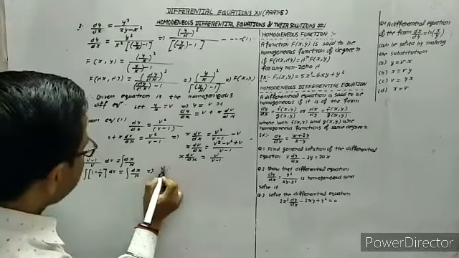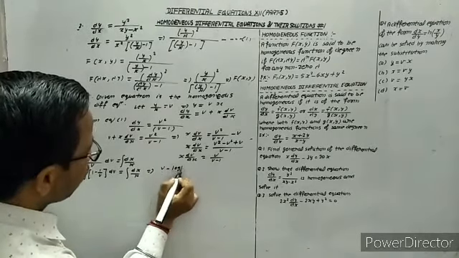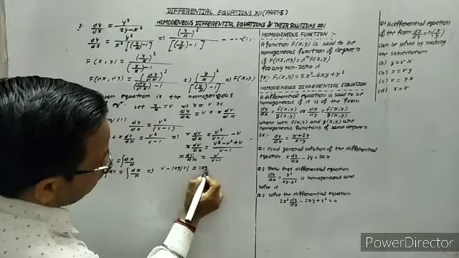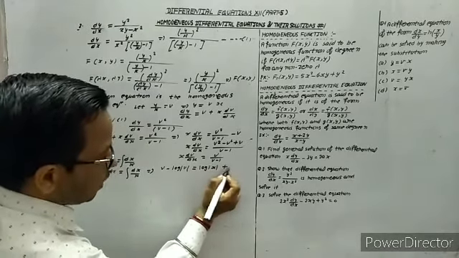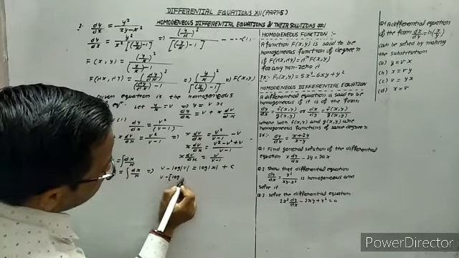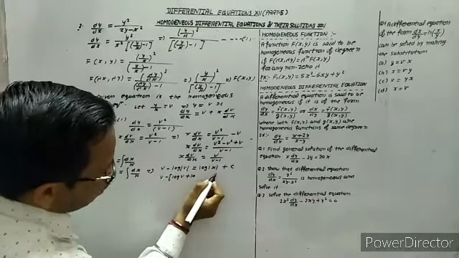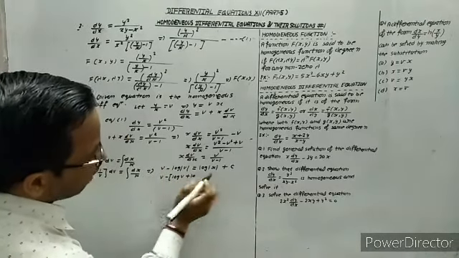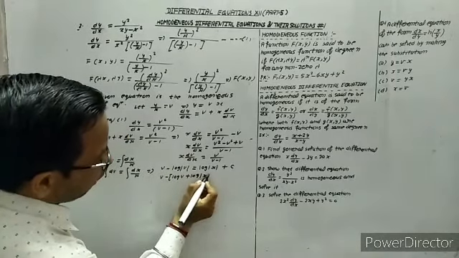Integration of 1 is v, integration of 1/v is log v, and integration of dx by x is log x, plus c. It means v minus log v is equal to log x plus c, because if this term shifts there it becomes negative, and taking minus common, this becomes log x.